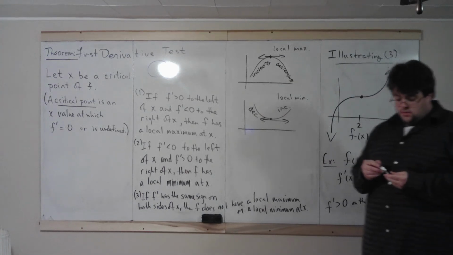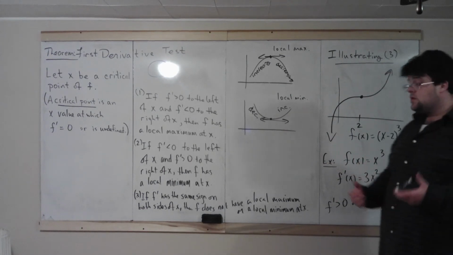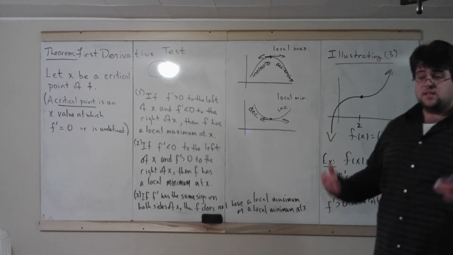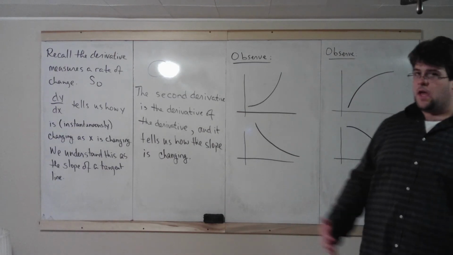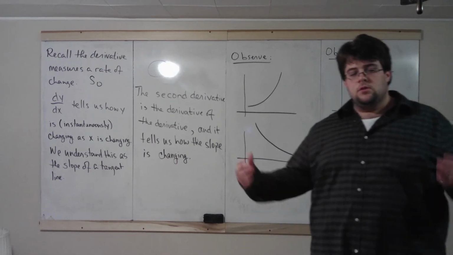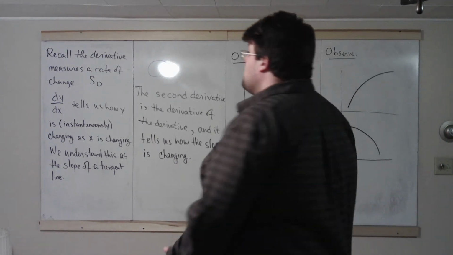So we've described the first derivative. We've gotten some nice information using the first derivative. Let's next analyze the second derivative. What does the second derivative measure? Well, to figure that out, let's remember what the first derivative actually is measuring.